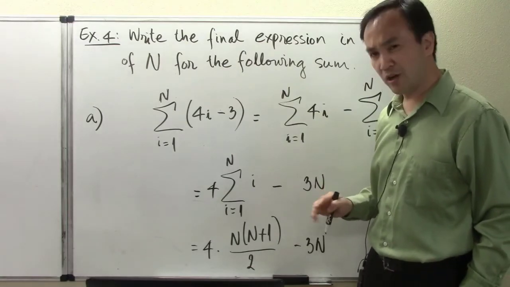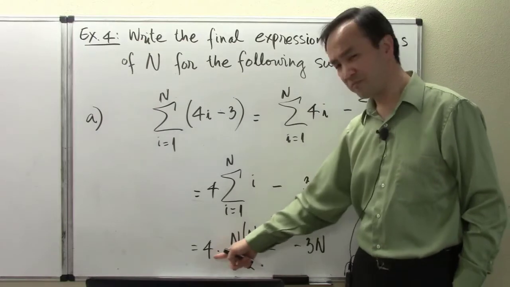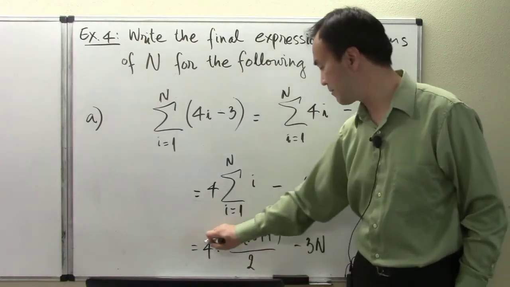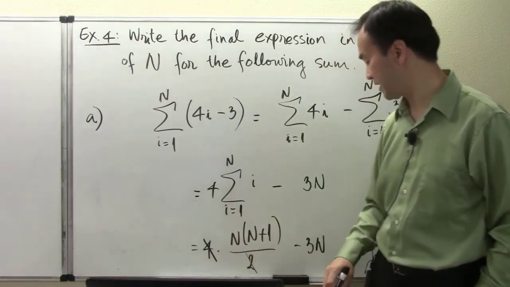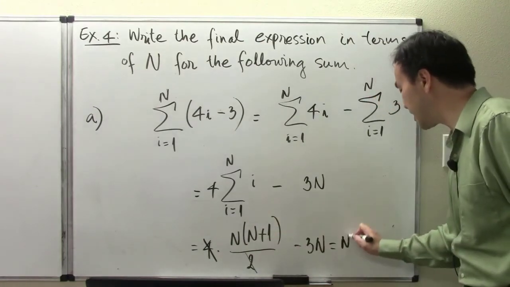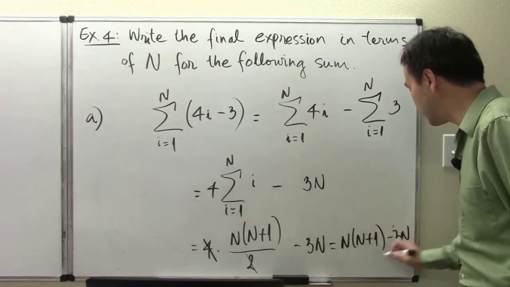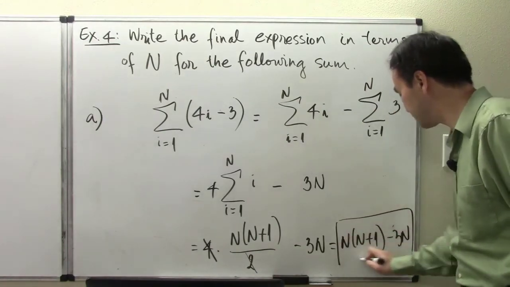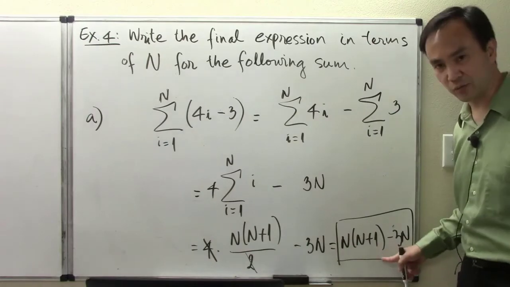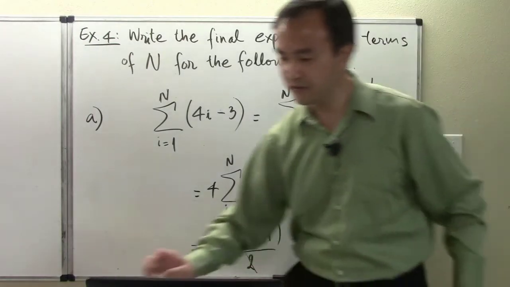But here's the thing, I'm not quite satisfied with this final expression in the sense that we can still simplify further. So now I am going to simplify that 4 with that 2 right here, and that turns the first term into simply n times n plus 1, okay, and then minus 3n. So this one right here can be regarded as one final expression in terms of n. Or alternatively, we can go even further.